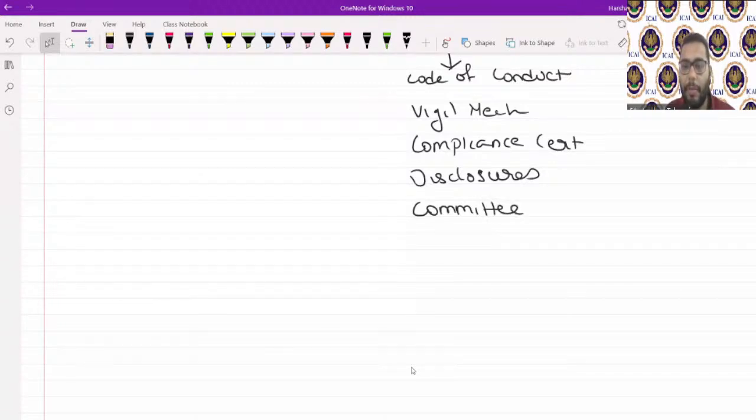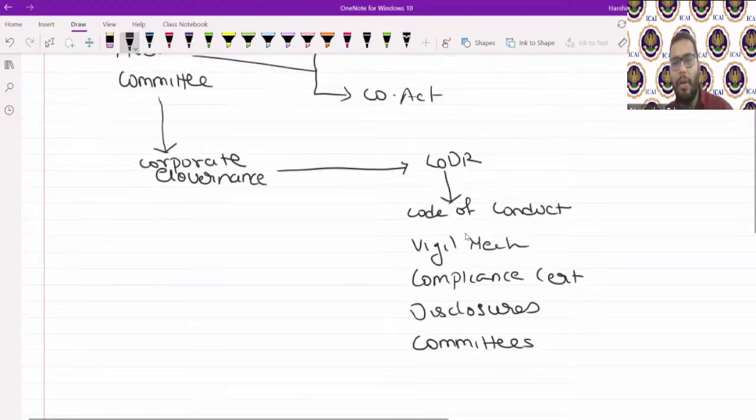So we will discuss committees. So these will be some LODR corporate governance points and regulations.